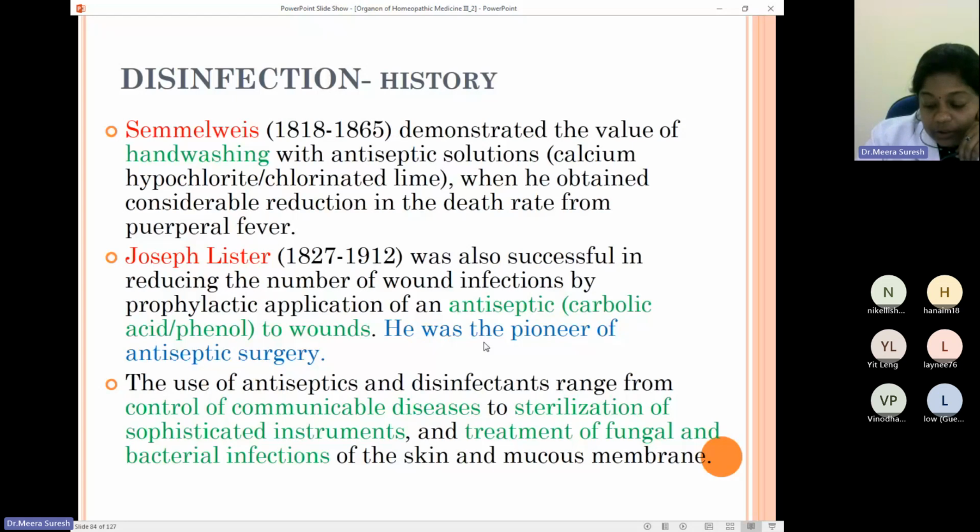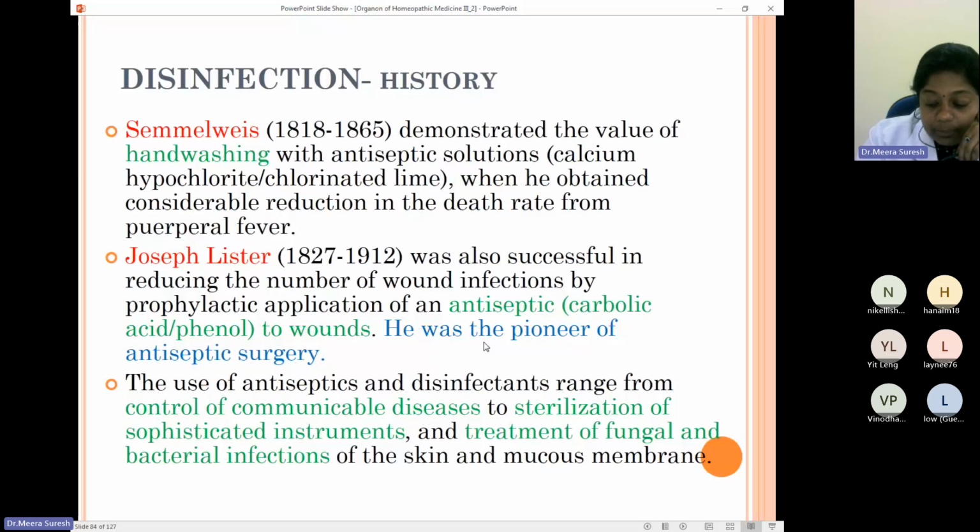So while he was studying, one of his friends happened to pass away, and that happened due to septic injury itself. Some sepsis had happened, and he got this sepsis or septic injury because of an accidental scalpel injury from a medical student. So a medical student accidentally, with his scalpel, infected Semmelweis's friend, and that man passed away because of this infection.